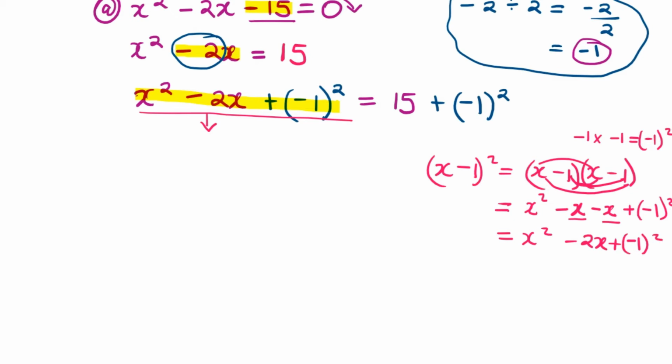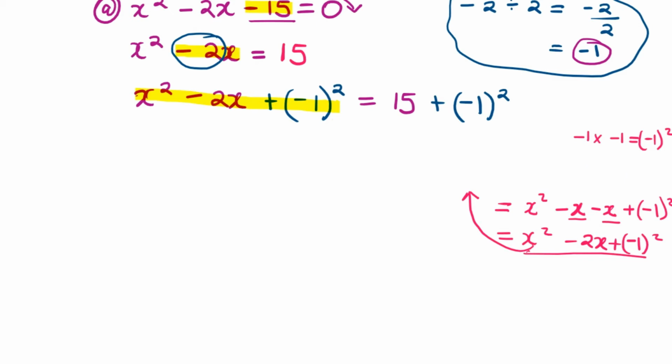So since we are talking about squares, we can see that this part and that one there are the same. So in place of x squared minus 2x plus negative 1 squared, we're going to replace it with x minus 1 squared. I can rub some of the things because I have a lot of things here.